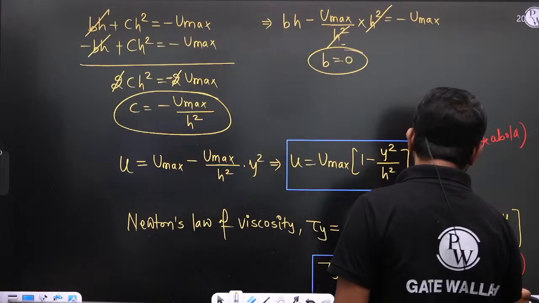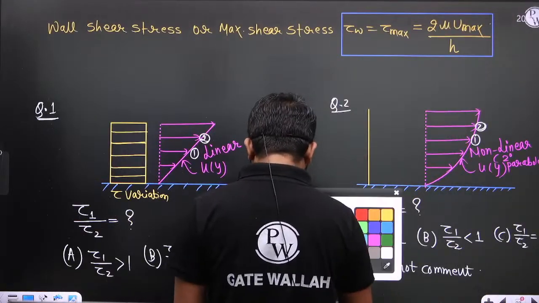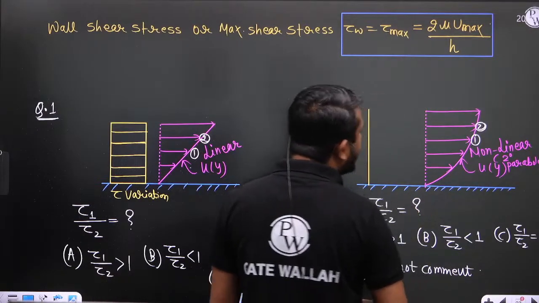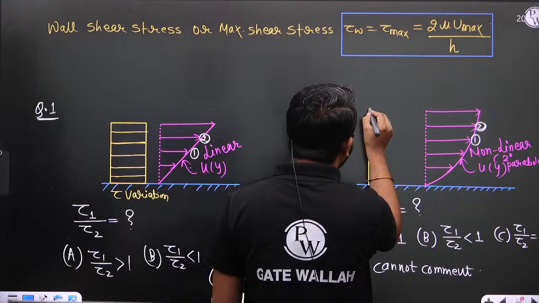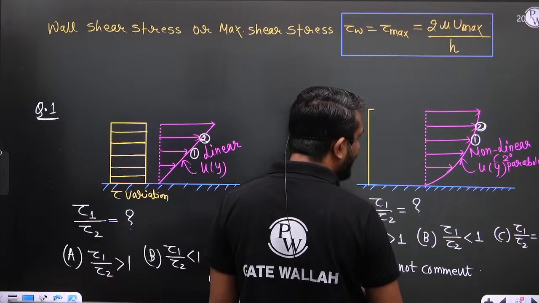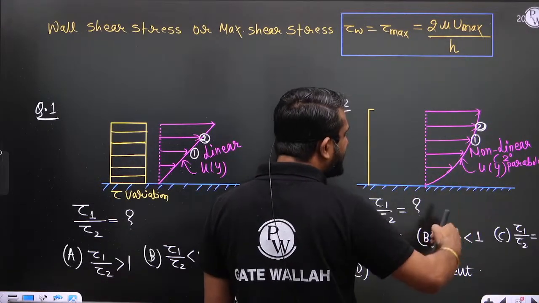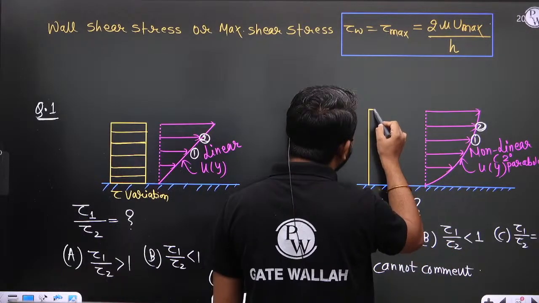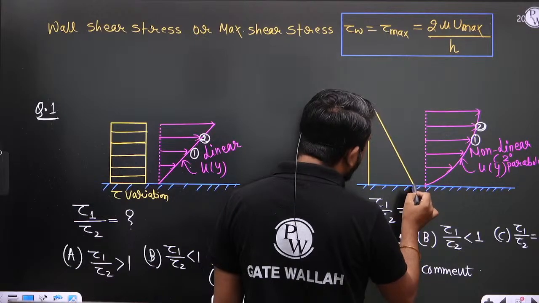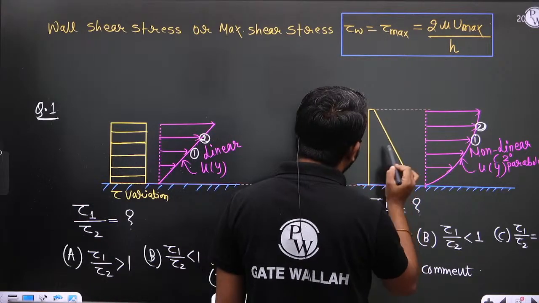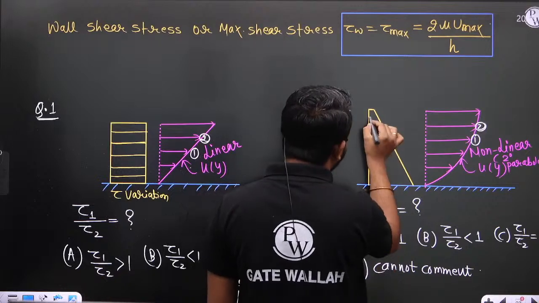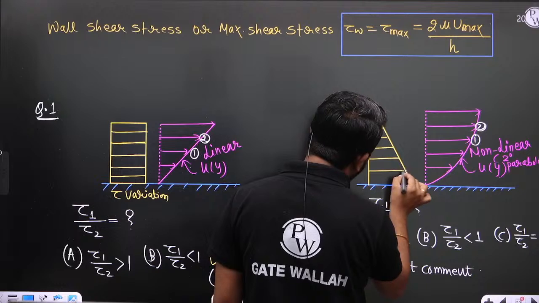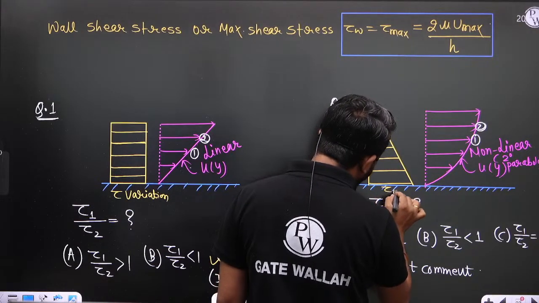So if I draw the shear stress variation here, this layer experiences little shear stress, and as we move towards the plate, the shear stress value increases linearly. This is the shear stress variation. Here the shear stress is tau W.